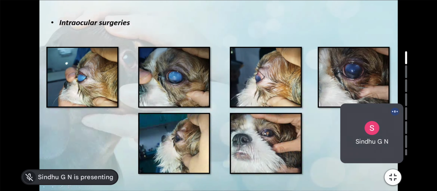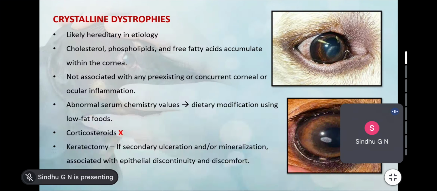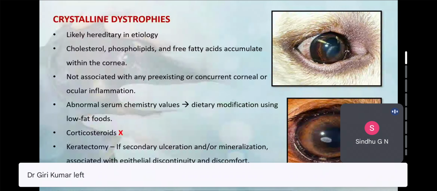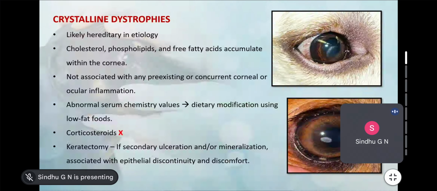Then crystalline dystrophies. They are likely hereditary in etiology. They can be cholesterol, phospholipids, or free fatty acid accumulations within the cornea. They are not associated with any other corneal or ocular inflammation, and most of the time they are harmless and there won't be any pain or disturbance to the pet. Sometimes there can be abnormal serum biochemistry values like elevated cholesterol.